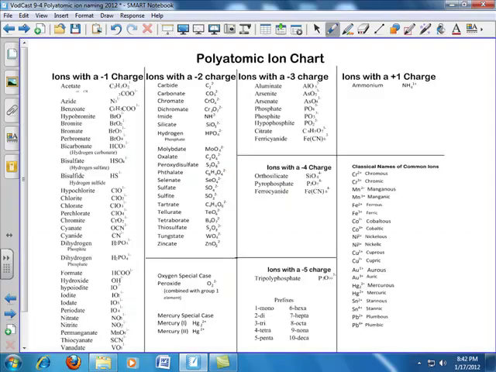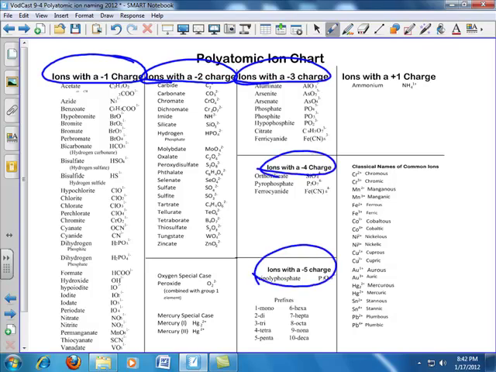Now, what you do is you go to your polyatomic ion chart, and the way this chart is put together is all the ions with a -1 charge are in one group. All the ions with a -2 charge, -3, -4, -5. And you notice you get less and less of those as you go up. And then notice we have one measly positive polyatomic ion.